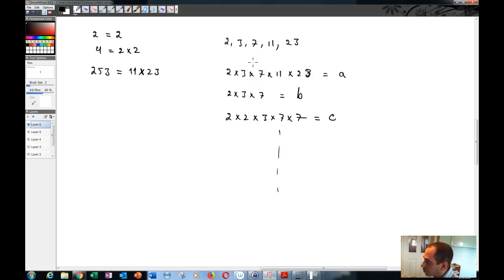So what that means is that if you have all of that collection at your disposal, then you could create infinitely many natural numbers, right?